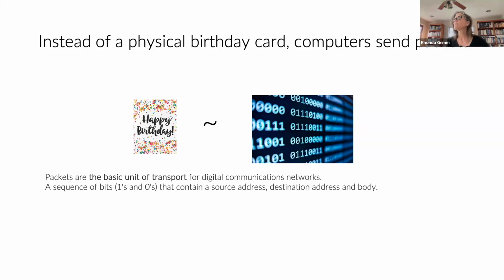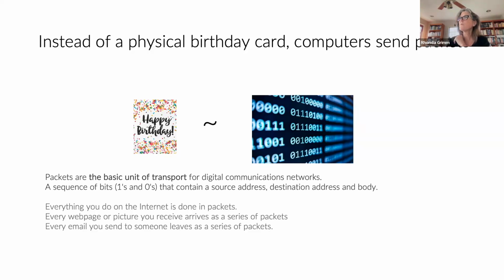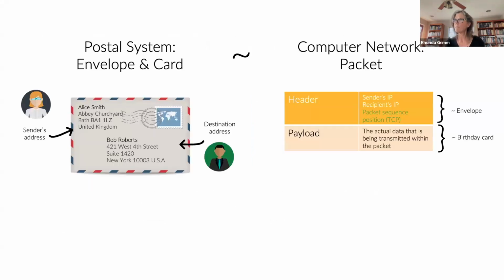It's a sequence of ones and zeros, and they all contain a source address, a destination address and a body. So in the example of an email, everything you do on the internet is done in packets. Every web page, every picture, everything you send arrives in a series of packets or is delivered to you in a series of packets.